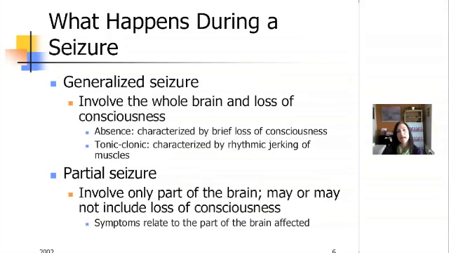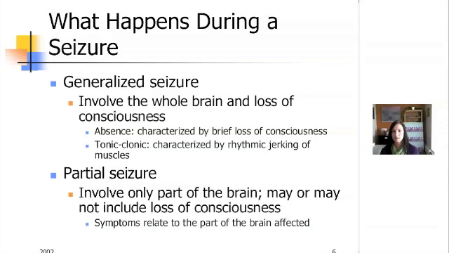What happens during a seizure? So I like to think of it as there are two umbrellas of seizures, and one of the umbrellas would be the generalized seizure, and one would be partial seizures, and then all the seizure types, I guess, fall under those. So the generalized seizure involves the whole brain.